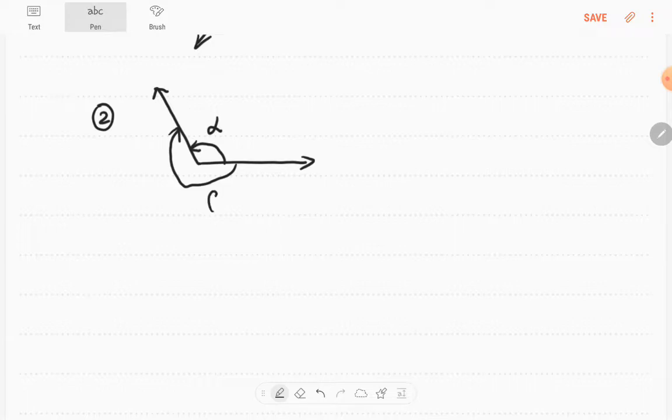This is beta. So alpha is formed by counterclockwise rotation, and beta is formed by clockwise rotation. These two angles have the same initial side and the same terminal side. We give them a name, which is called coterminal angles.